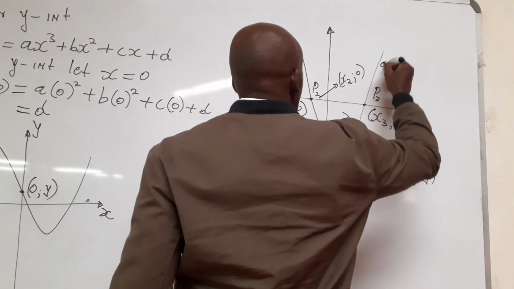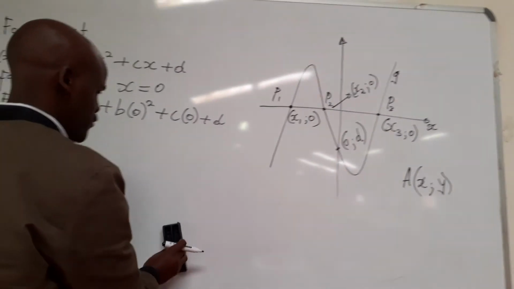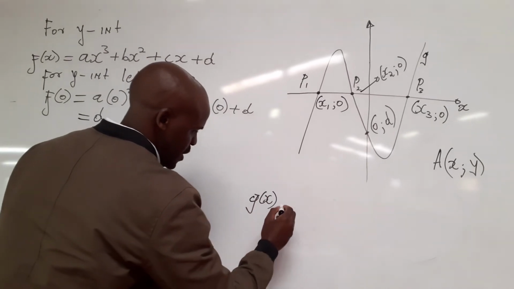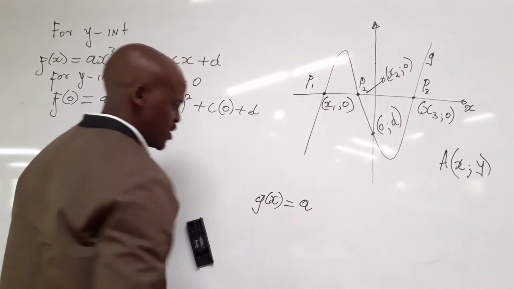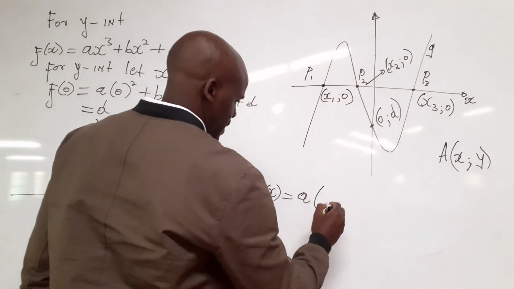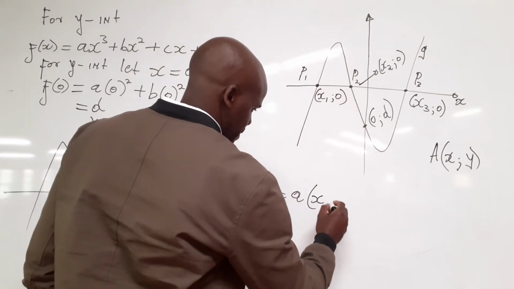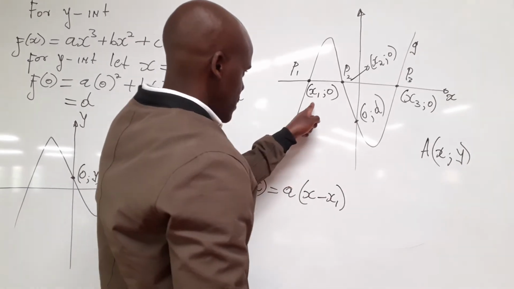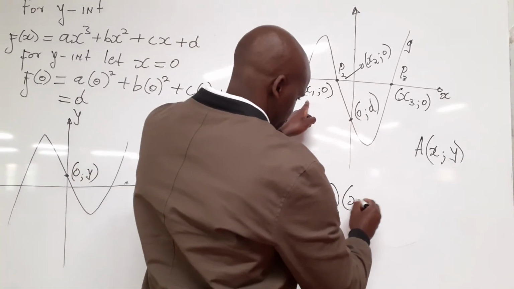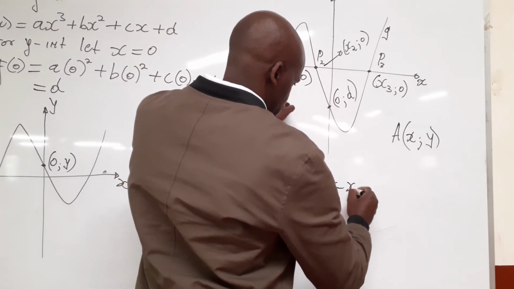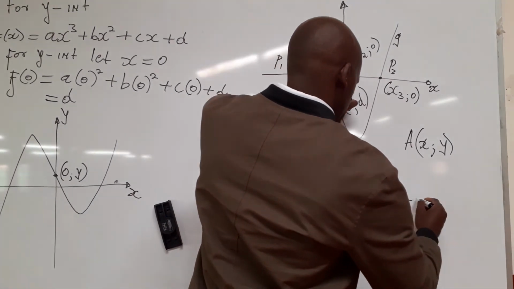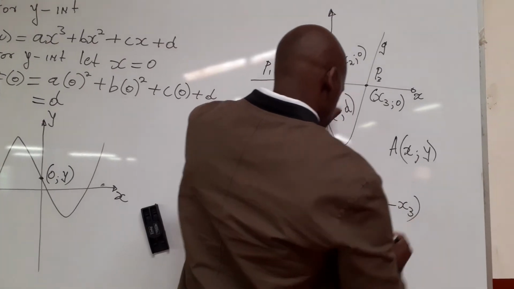If this was the function of g, that will mean we are going to have this equation here. It's a, which tells us about the shape, x minus x1, x minus x2, x minus x3.